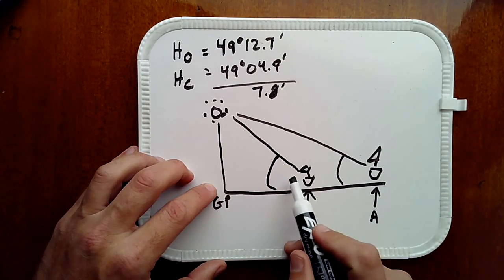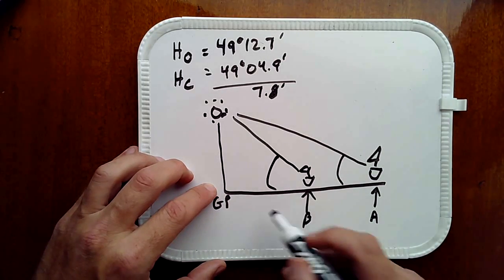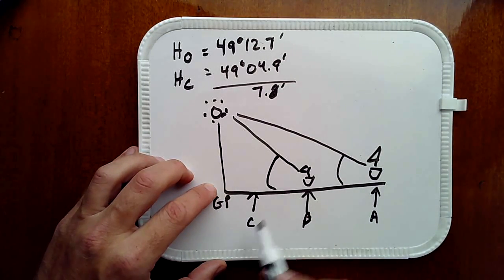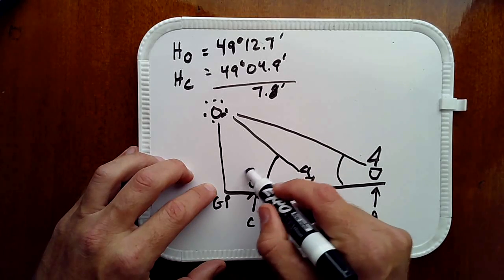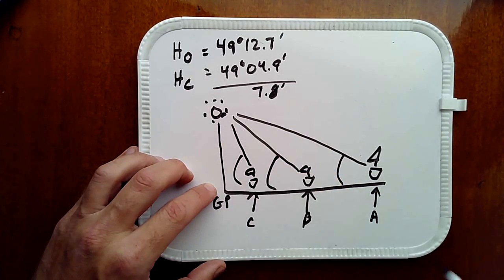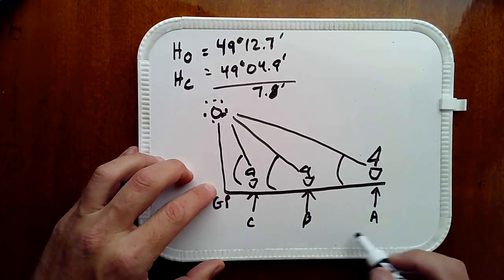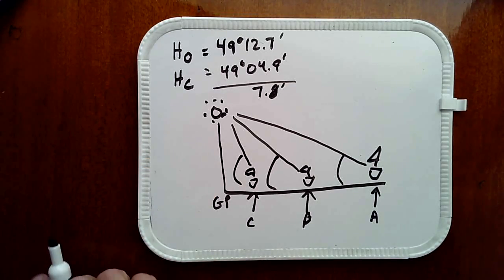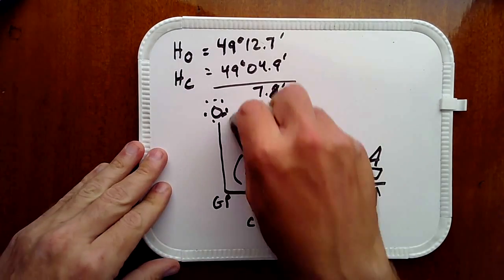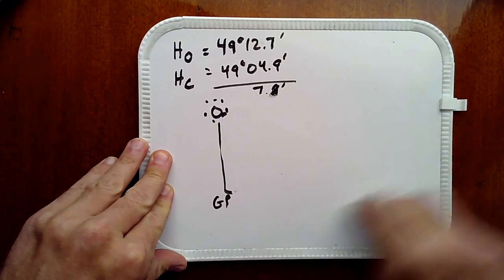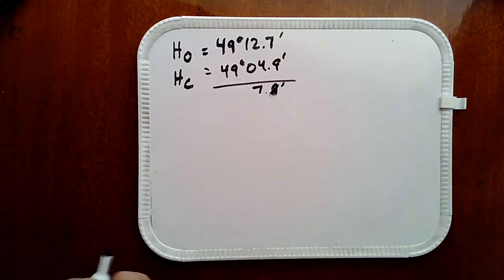It's going to be bigger. And as you get closer and closer to the GP, to position Charlie here, the angle continues to get bigger and bigger. So as you get closer to the GP, the angle that the sun or celestial body appears at is going to increase.